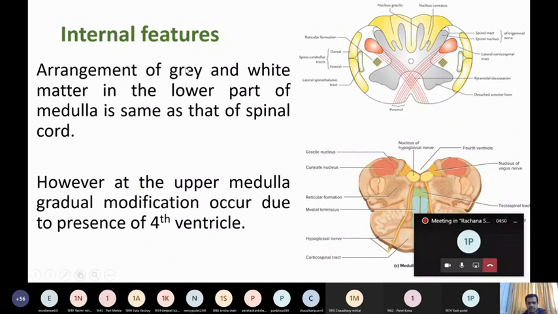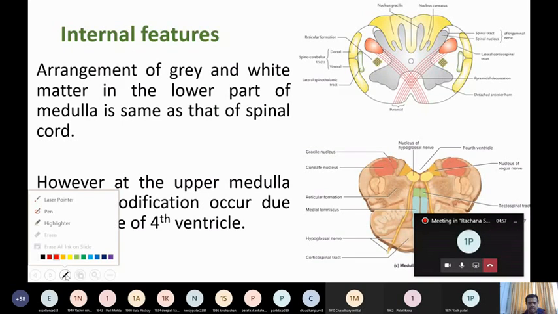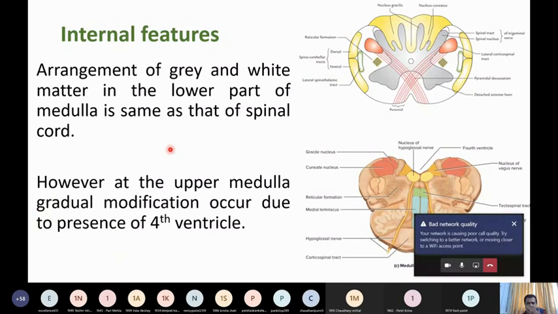So internal feature, the arrangement of the gray and white matter in the lower part of the medulla is same as that of the spinal cord. Is it clear? So you can see here, this structure, earlier we studied the spinal cord, where we saw that it has a central gray matter and peripheral white matter.